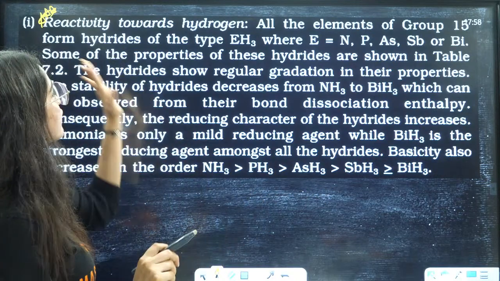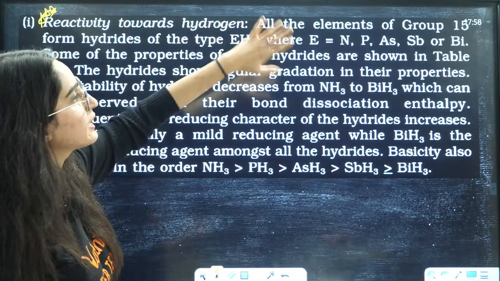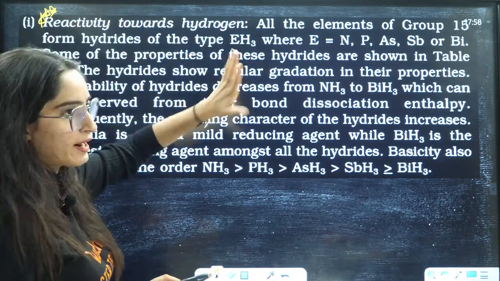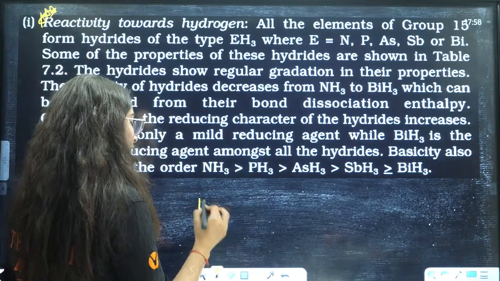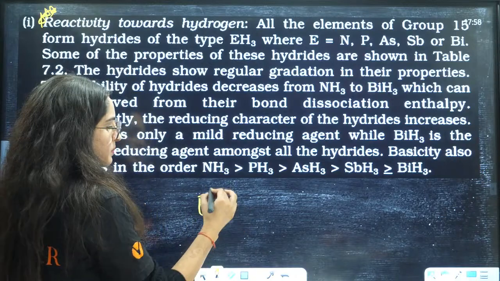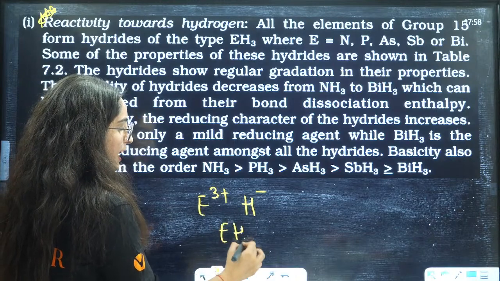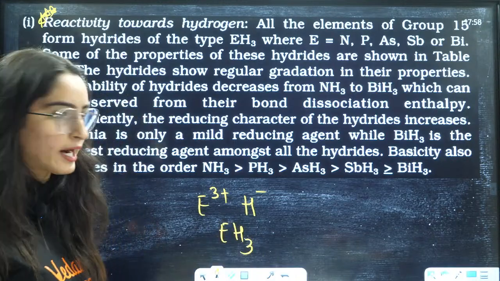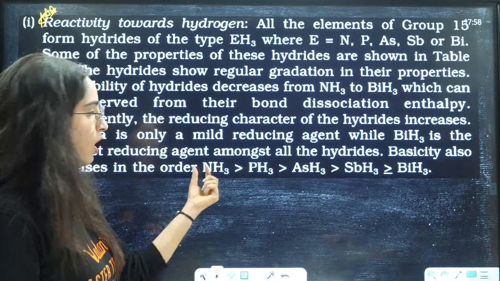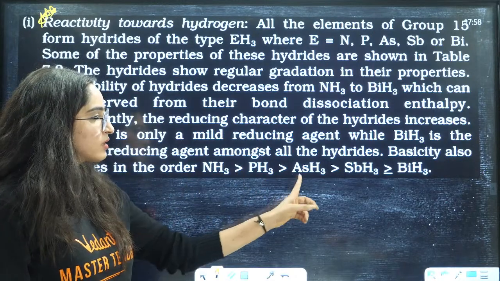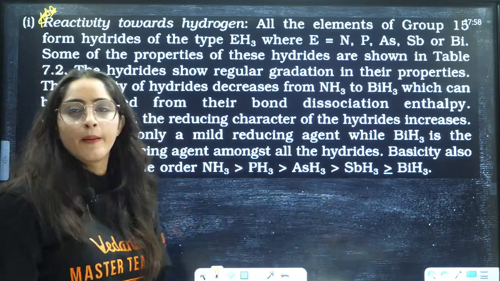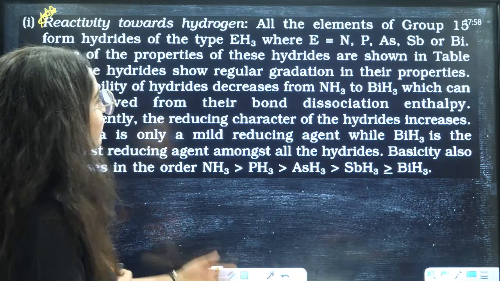Group 15 usually exists in the +3 state and hydride is H negative, so it becomes EH3. You must know NH3, PH3, AsH3, SbH3, BiH3.